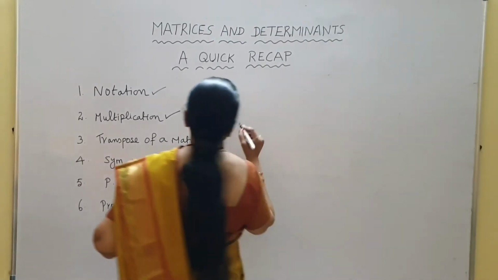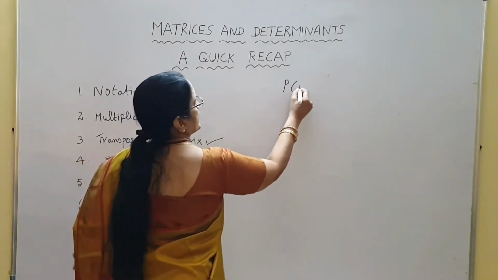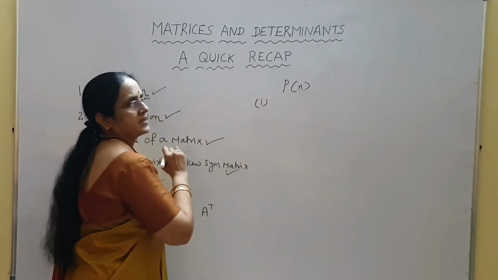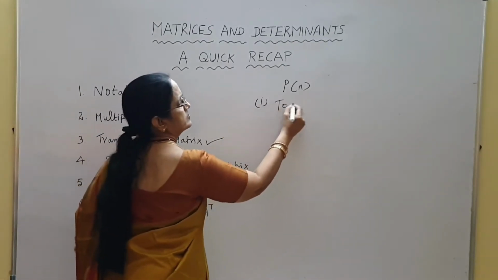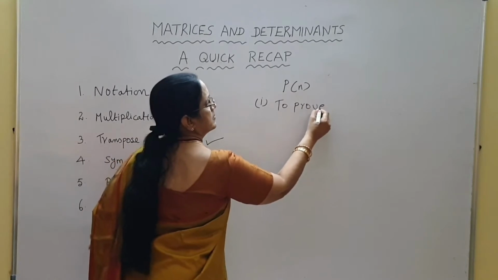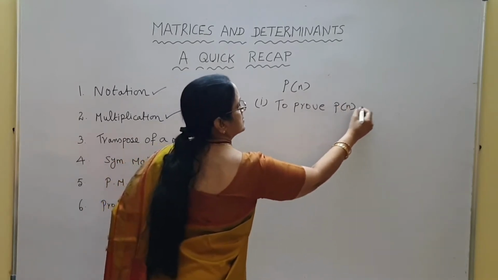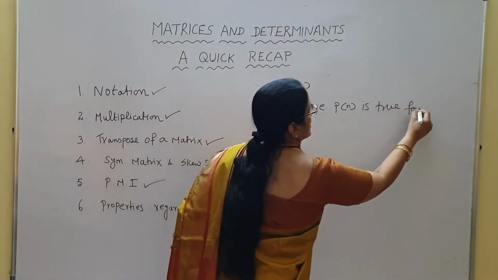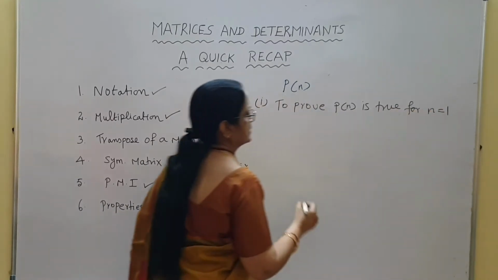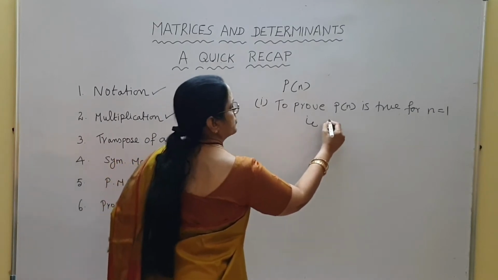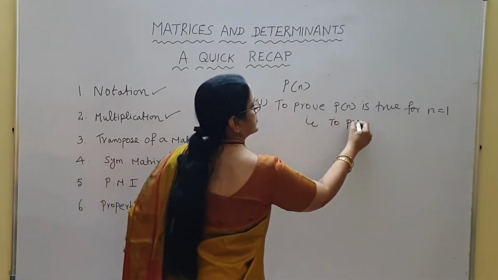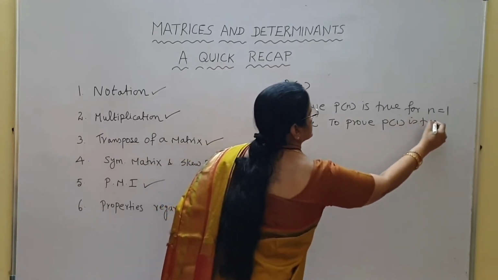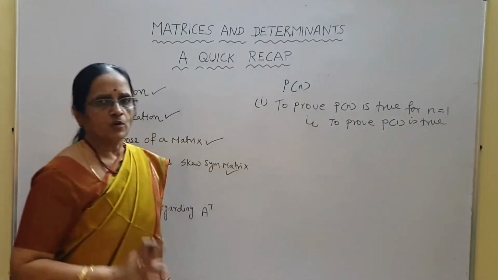If you take the given statement as P of n, then the first point is you have to prove P of n is true for n is equal to 1. That is to prove P of 1 is true. That is the first and the foremost point.